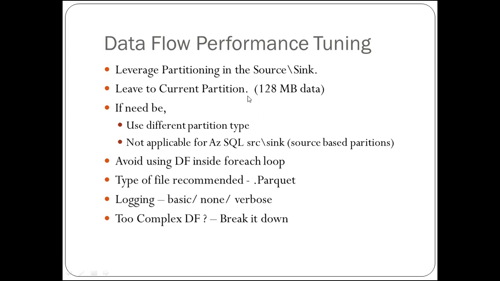If there is a necessity, for example, you have data from a source and you want to split the data into multiple partitions because you have further steps which will be accessing those partitioned files. For example, I have a database of employees, and I'm going to use my mapping data flow to split the employees based on region.